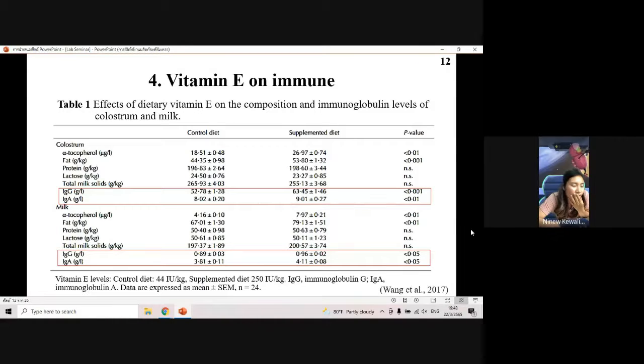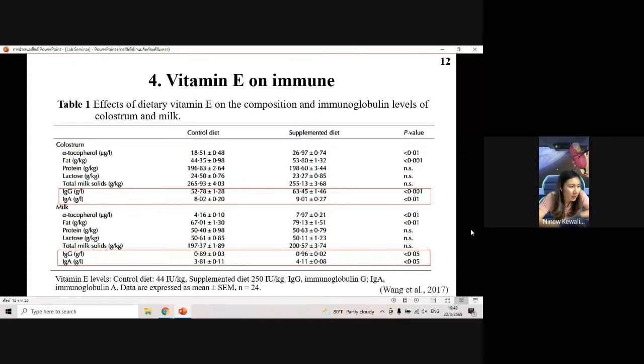The colostrum containing higher levels of IgA and IgG. Okay, so it means that the immunity increases. So is there any relation with the mortality or the number of weaning? I think it's no significant. Okay.